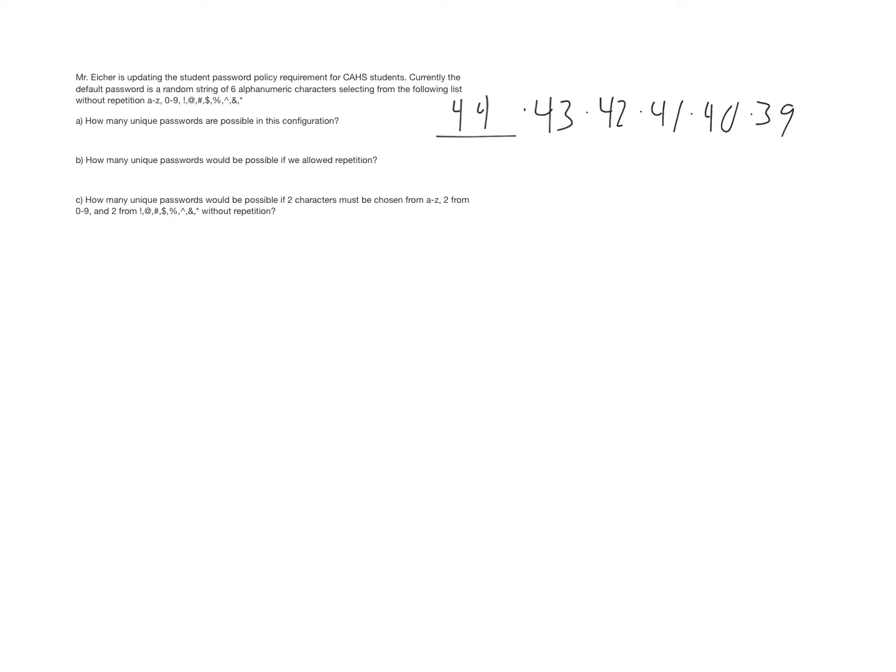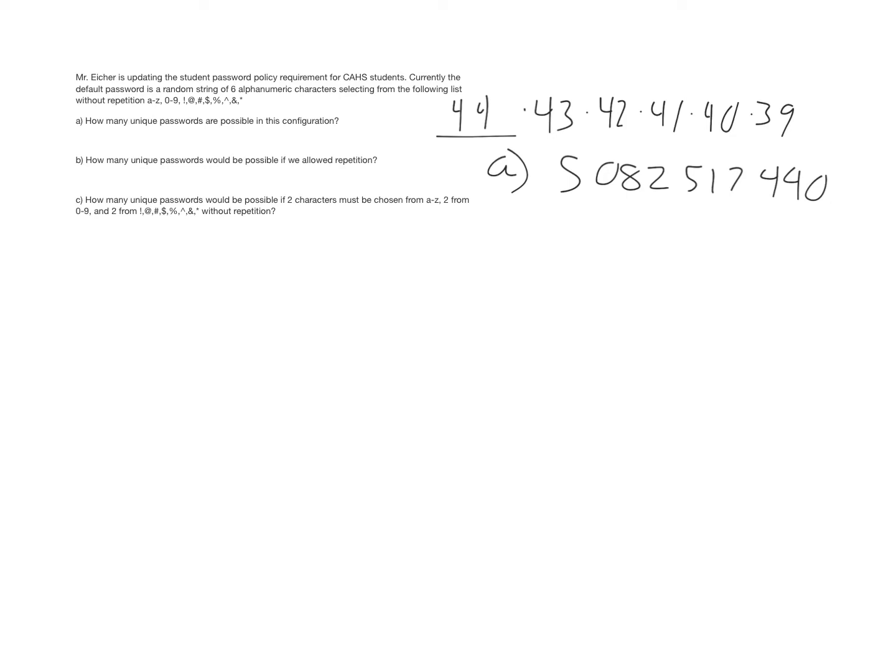And now I've made all 6. 1, 2, 3, 4, 5, 6 choices here. And so if I just multiply that out, I get a fairly large number. This is all part A: 5,082,517,440. So that's a lot of choices.